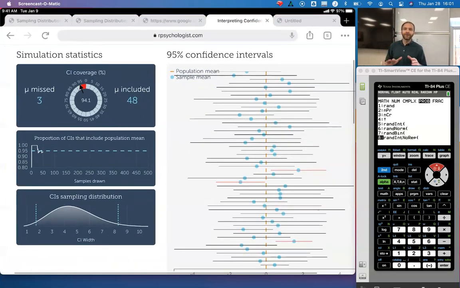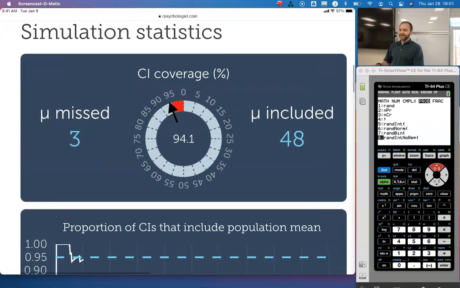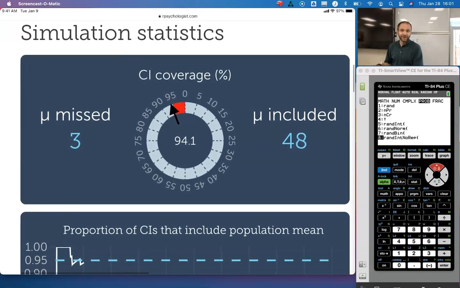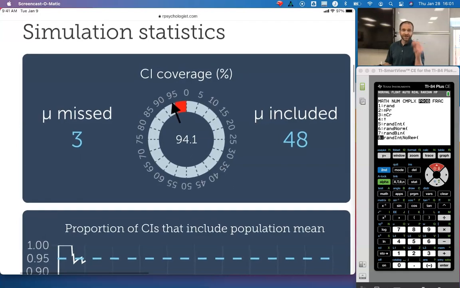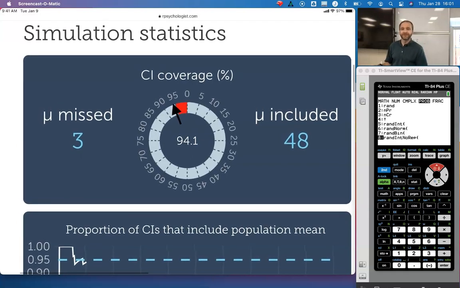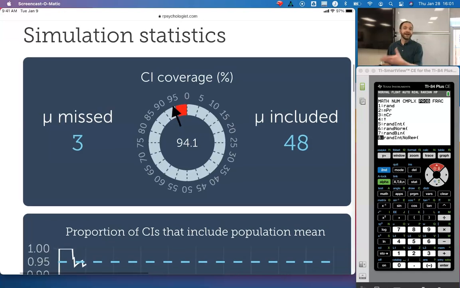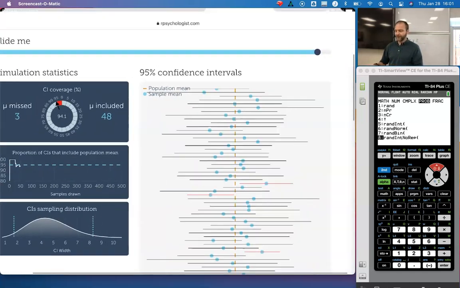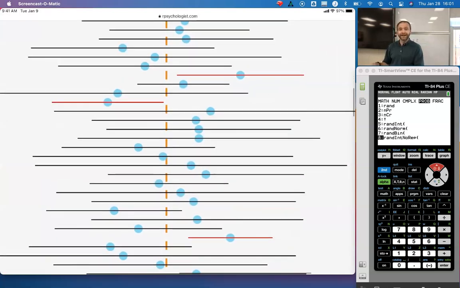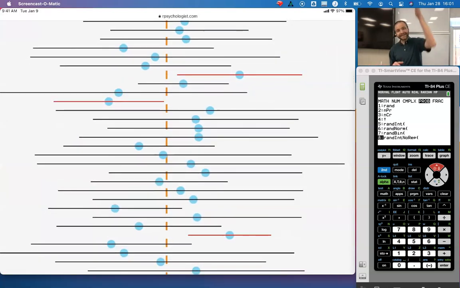And so far right now, because I quickly tried to pause it, you can see on the top here it says your confidence interval coverage. So far, it collected 51. As soon as I went to the page, it just starts. So it did 51 samples. It missed 3 times. If I look over here on the right-hand side, notice there are 3 red segments there, and they do not overlap with that dashed line.